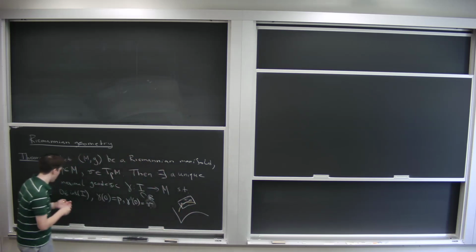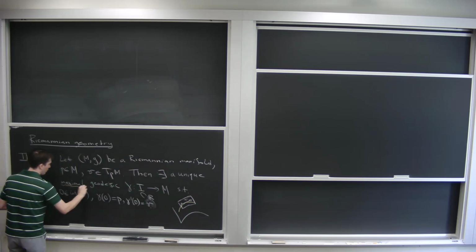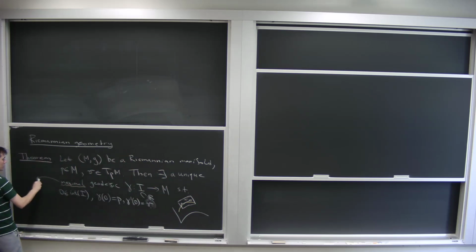The word maximal here means that there is no larger interval J containing I, right? Such that gamma from J to M is also a geodesic.